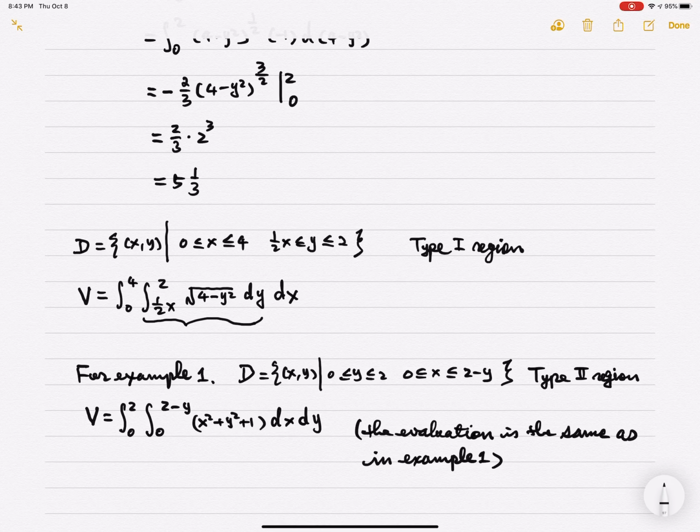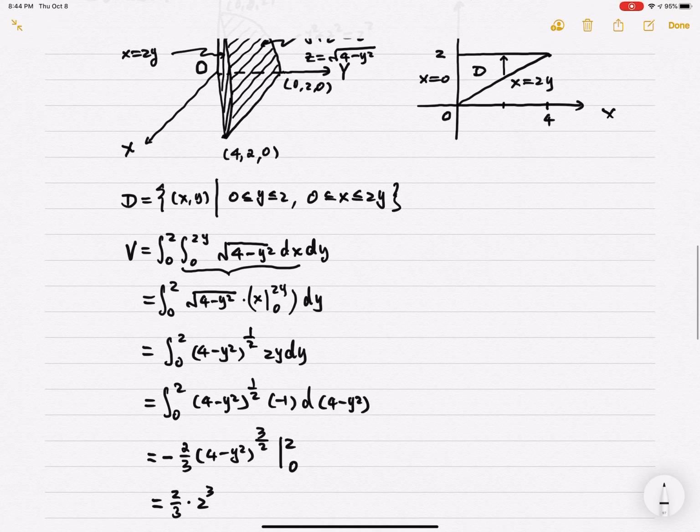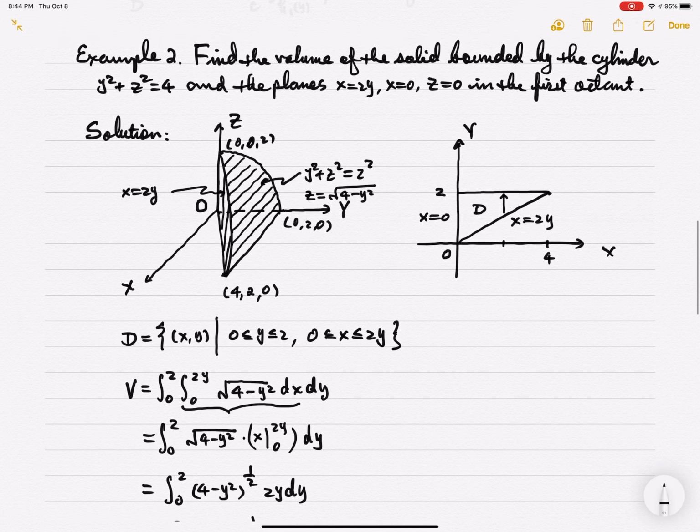If you remember this, you're probably going to use trig substitution, and then the angle has a half x to 2, which causes difficulty. You can try a few steps and see how to integrate. It's much harder than the way we did example 2.